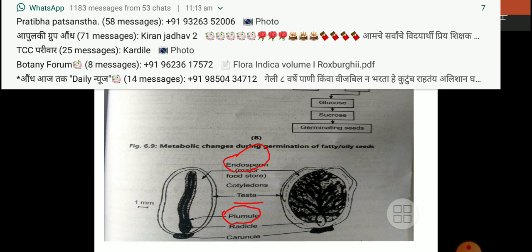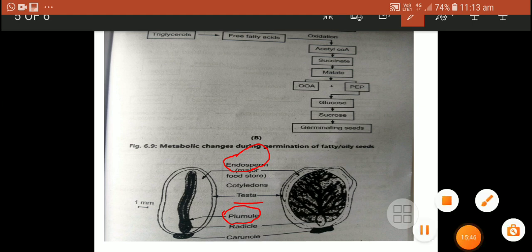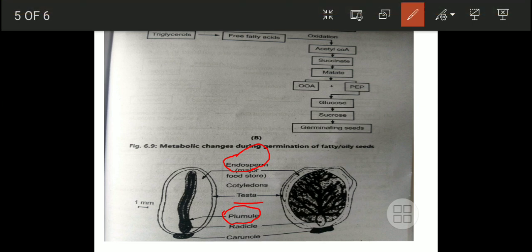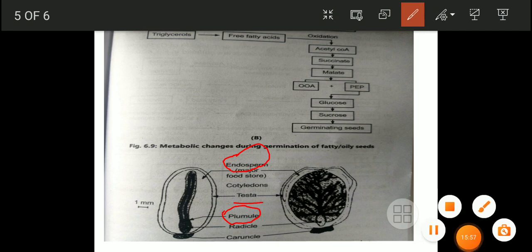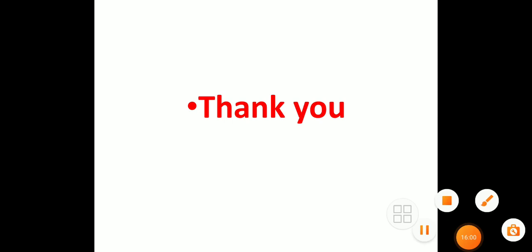Again, from the proteins, protein synthesis takes place, that is anabolism, meaning breaking down and then again synthesizing. That's why we can observe catabolism and anabolism, metabolic changes, in the plant when the seed undergoes the germination process, my friends. So with this, today we are going to complete this lecture.